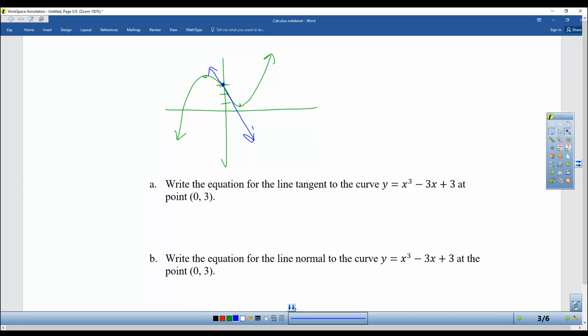And then it says line normal. Normal means perpendicular to the tangent. So sometimes you need to know the perpendicular angle.